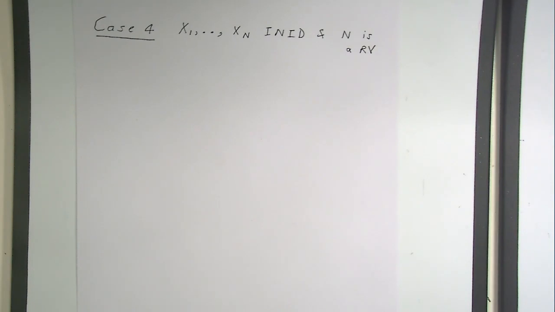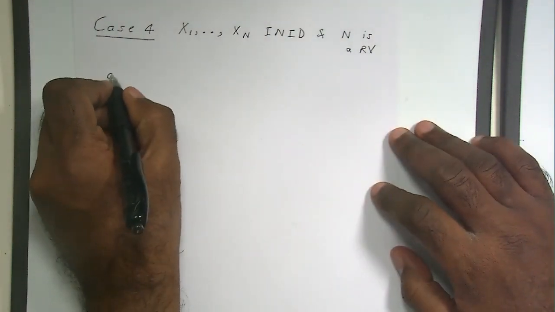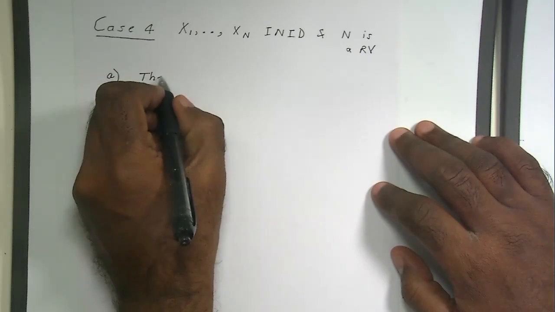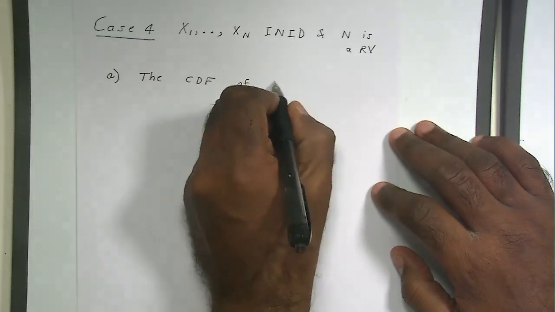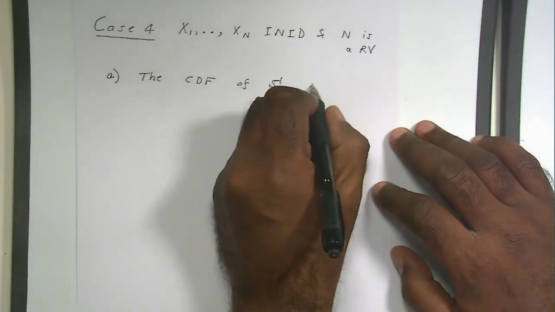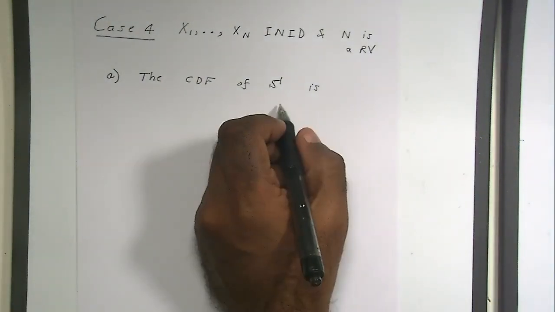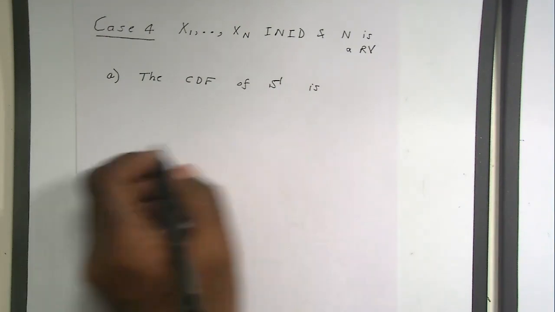So the first thing we need to do, we need to look at each of these three guys, okay? So let's start with A. We want to find the CDF of the total portfolio loss, which is denoted by S, right?